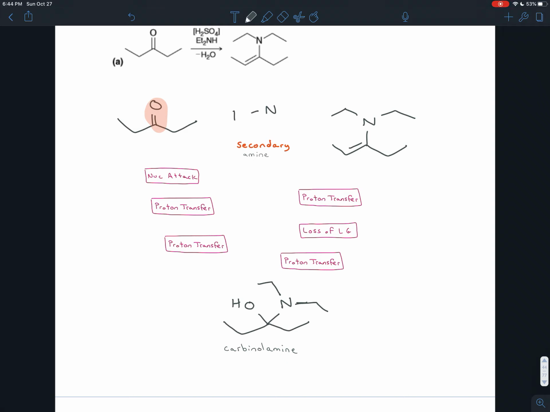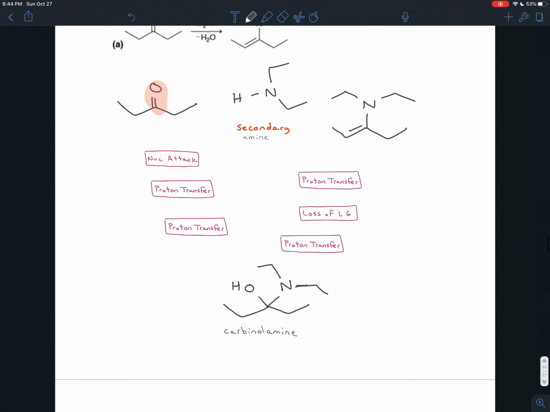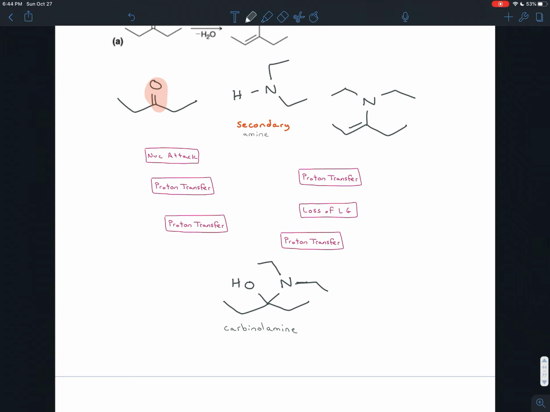Now, the secondary amine we have, just to draw it out clearly, is a nitrogen bonded to a hydrogen, and it has two ethyl groups. That's what that Et2 is telling you. So that's one ethyl group and another ethyl group. Okay, so this is our general outline.